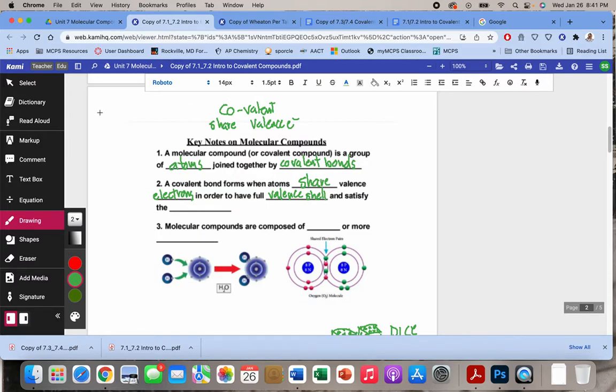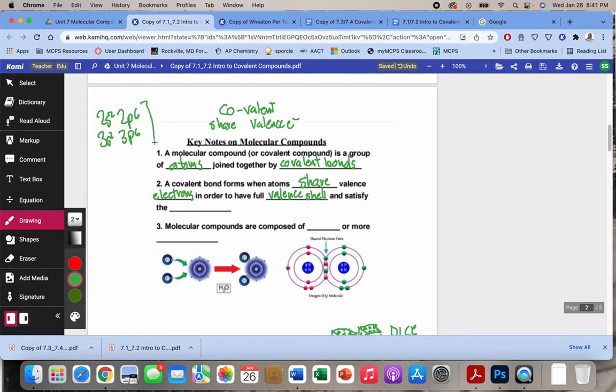Now, a full valence shell means that the s and p blocks are full. So if you had the second energy level full, you'd have 2s2, 2p6. If you had the third energy level filled, you'd have 3s2 and 3p6, right? Well, that means those outer electrons are always 8 total. A full valence shell is 8 total electrons, 2 plus 6, 2 plus 6.